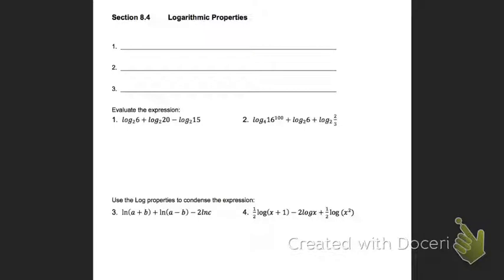So if I've got log of A, and it could be anything, plus log of B, the way to combine those two would be log of A times B. So they'd be multiplied together. If you've got a plus sign, that means multiplication.